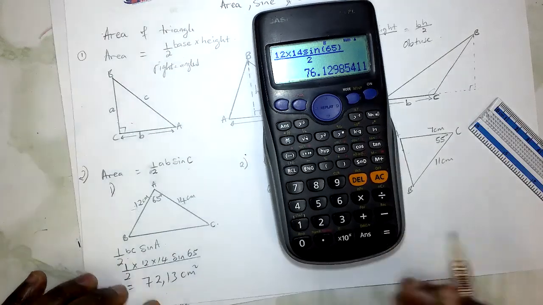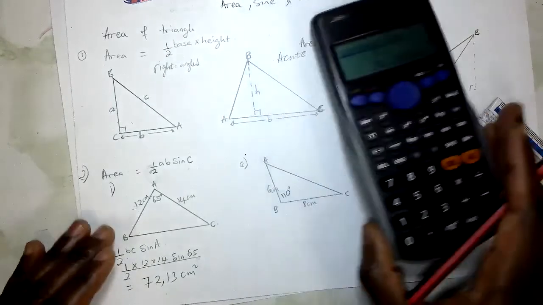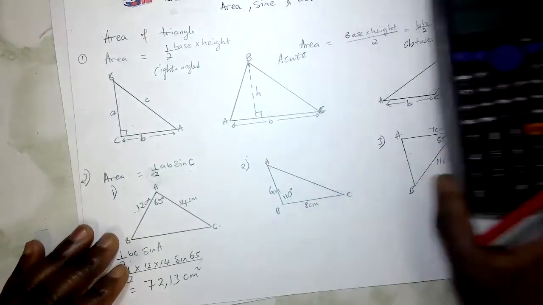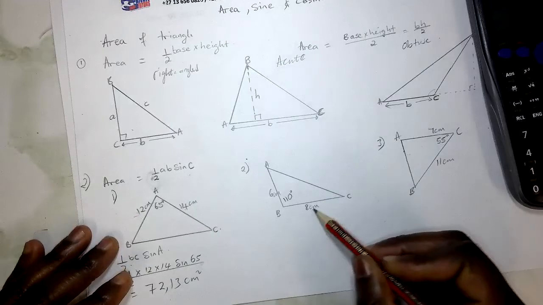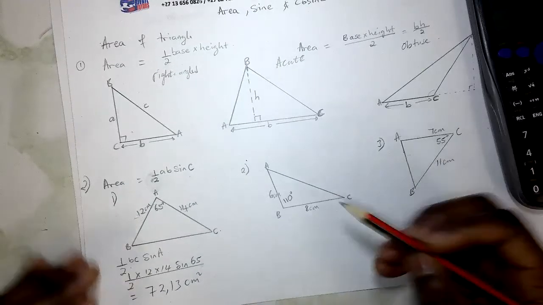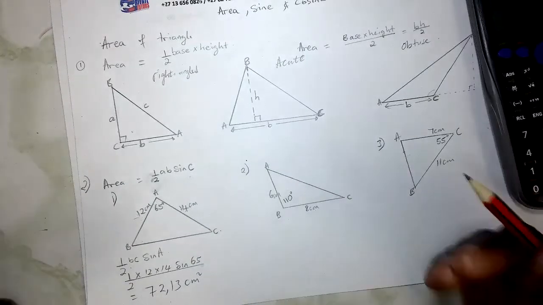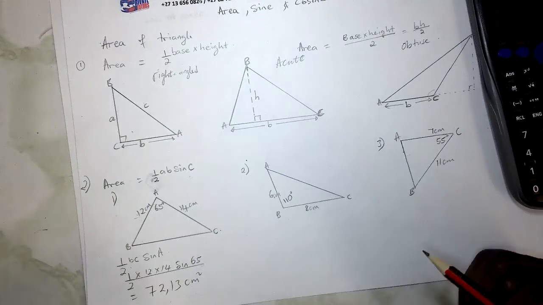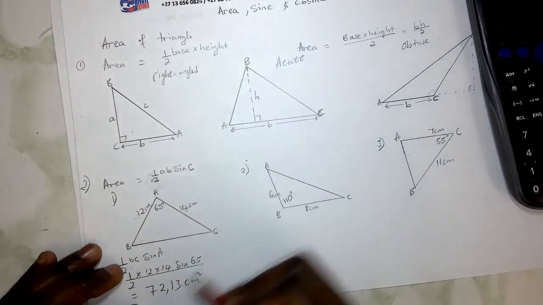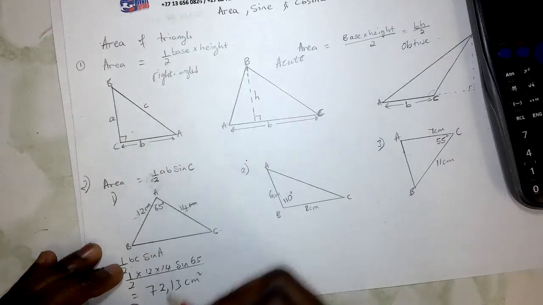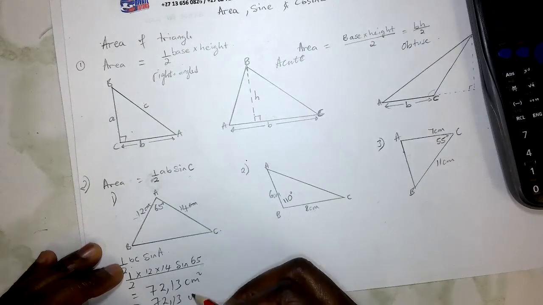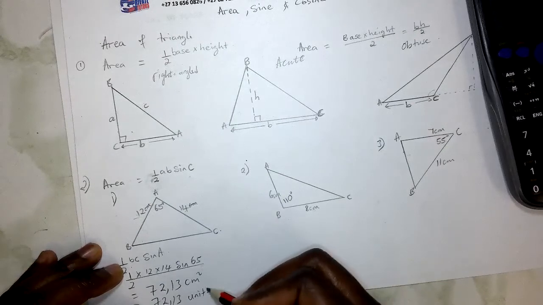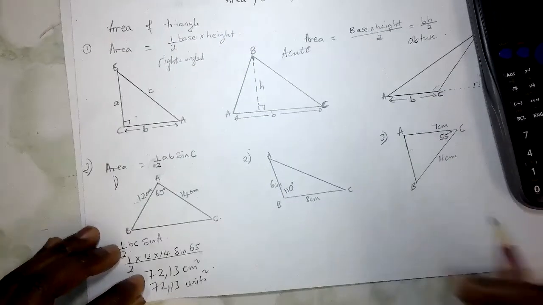So always remember, even if it's just units, you have to write units squared. Normally the values won't have centimeters or meters, you'll just be given numbers. So you must put your answer as units squared. In this case, if centimeters were not there, I would say 72.13 units squared. That's what you must always do.